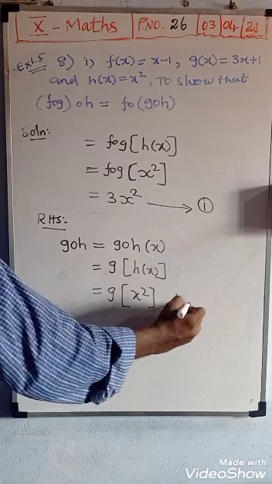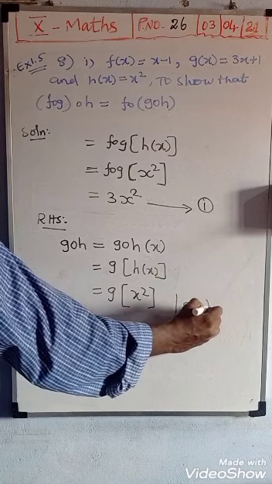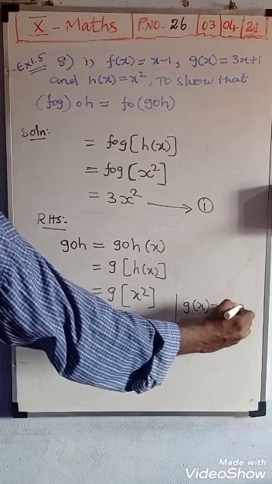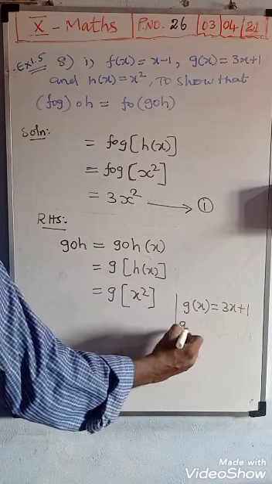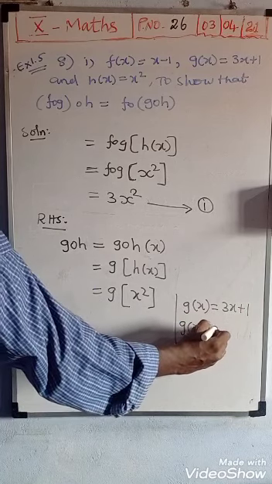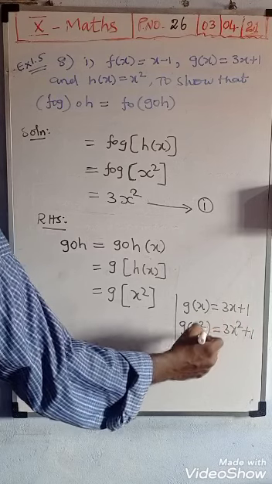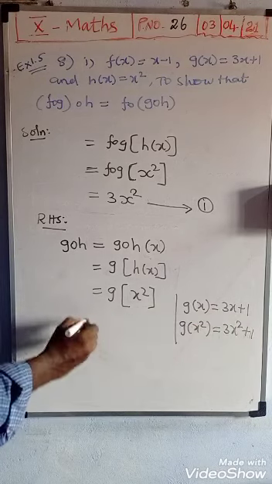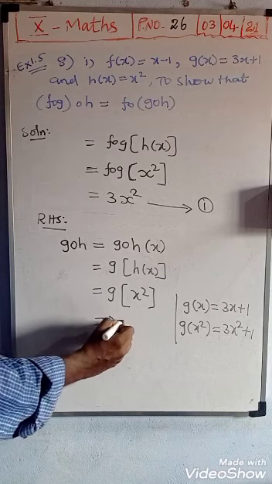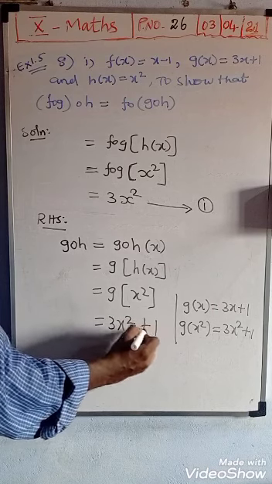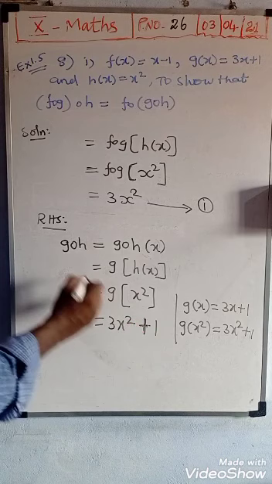Already we know g of x is 3x plus 1. So instead of x, substitute x squared, meaning 3x squared plus 1. This is g composition h.